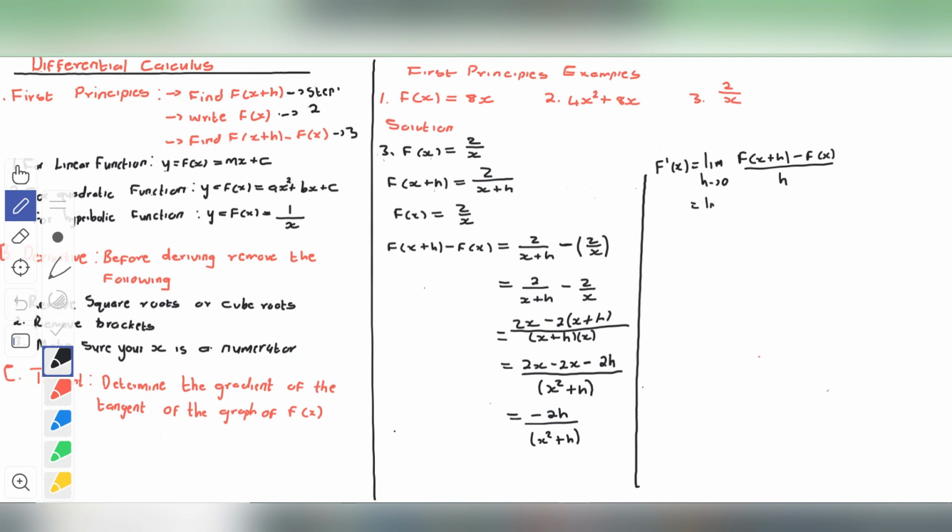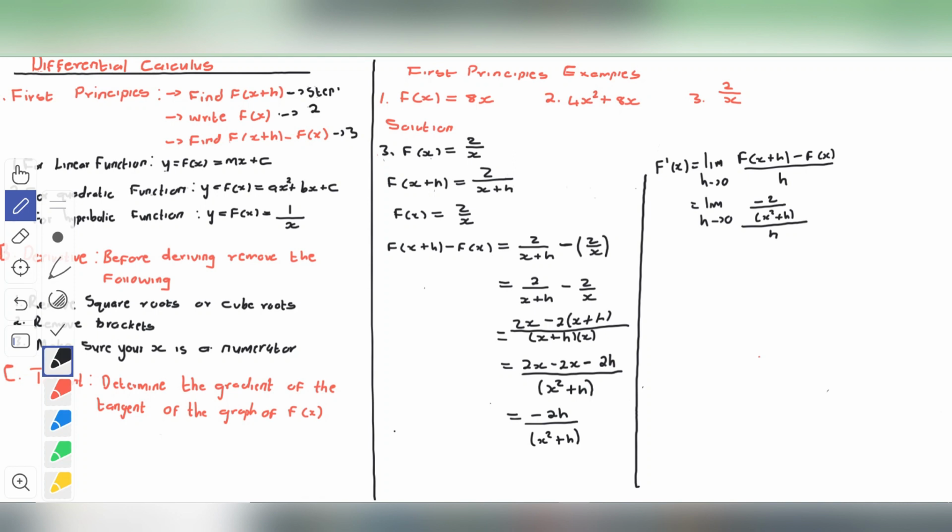Now we have the limit where h approaches 0. What is f of x plus h minus f of x? We calculated it here. It's negative 2h all over x squared plus h, which is all over h.